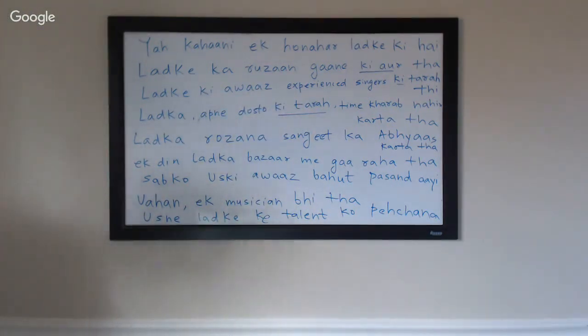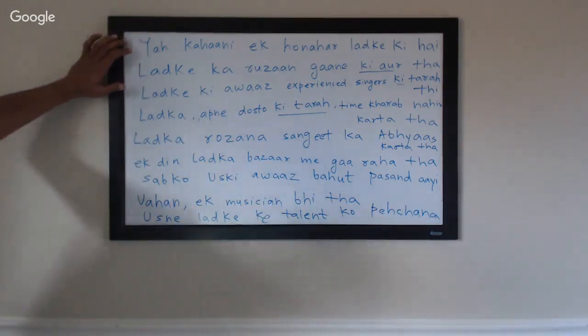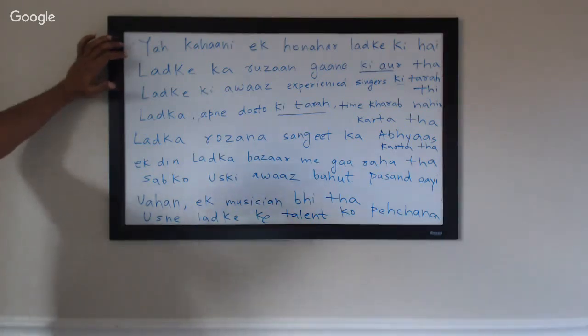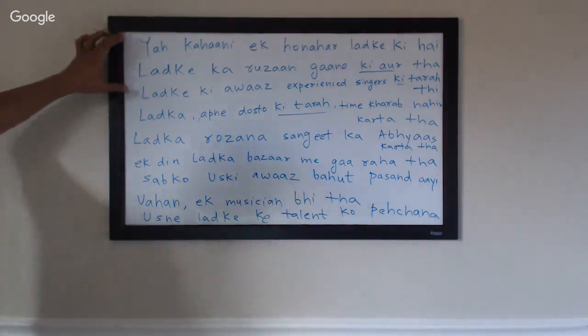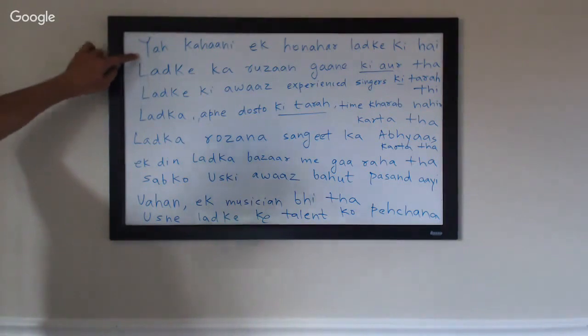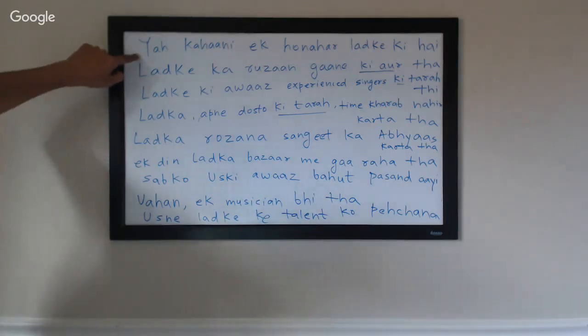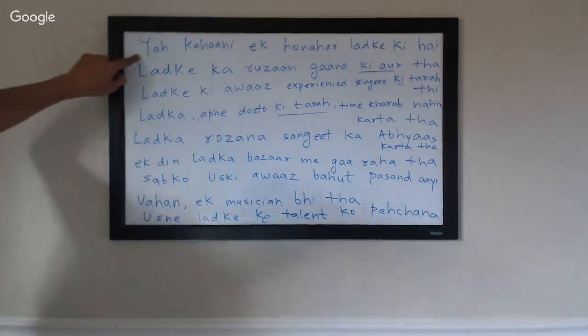Okay, so let's see. We'll start with the very beginning, and I'll volunteer some of you to help me. So let's start with Liz. Liz, you can unmute yourself. Start with the first three lines. यह कहानी एक होनहार लड़के की है. And folks who are watching live on Facebook, you can also follow along and tell me what it means.